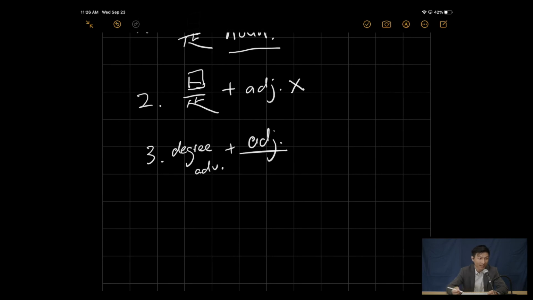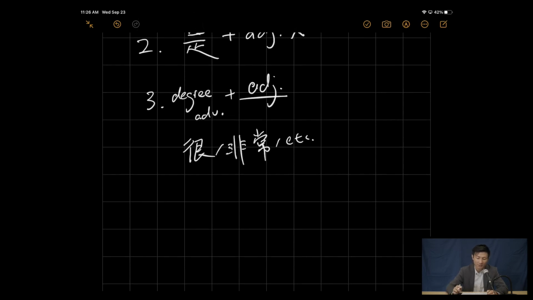Degree adverb examples are 很, 非常, etc. So that's why you're going to see sentences like 我很酷, 我非常饿, right? In those sentences with adjectives, you don't have a verb. You don't need to put a 是 there, but a lot of times you do need a degree adverb.